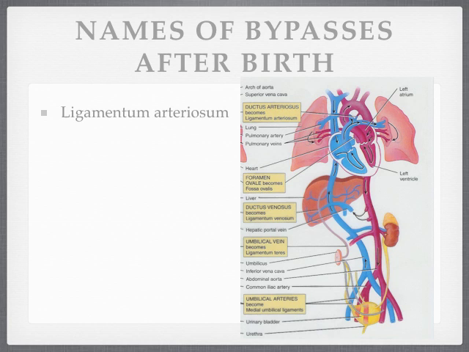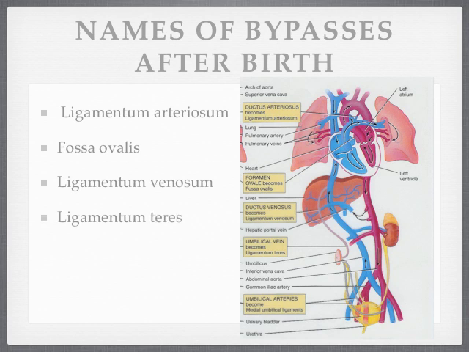arteriosum. Secondly, down the list, the foramen ovale, if it does heal over, which it does in most people, becomes what is called the fossa ovalis. The ductus venosus, in the same pattern as the ductus arteriosus did, becomes the ligamentum venosum. Okay, ligamentum venosum. The umbilical vein, remember this was carrying the oxygen-rich blood, becomes the ligamentum teres.